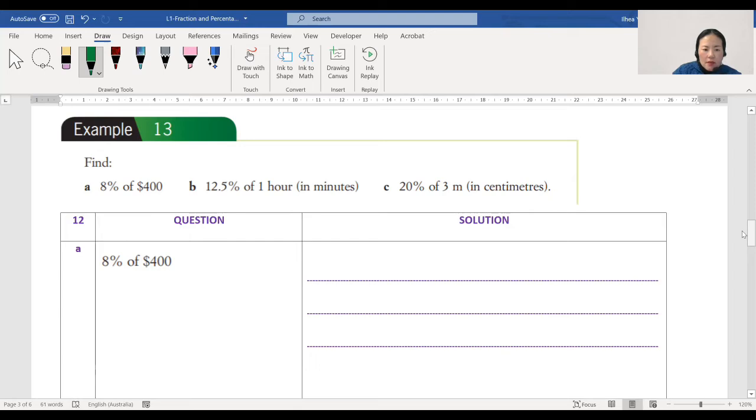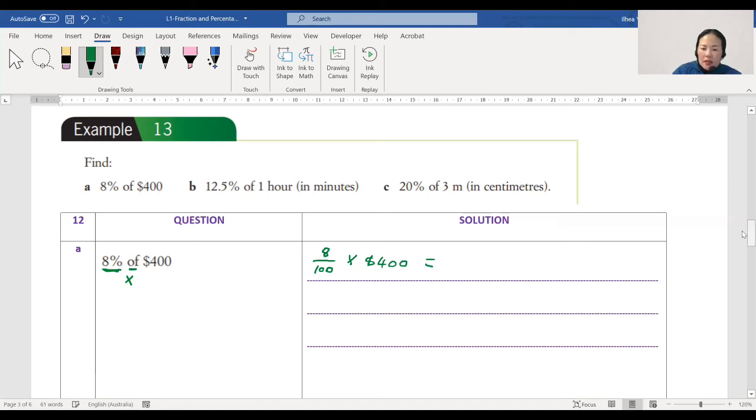So remember, of means times. Now we've got this 8% here, and I don't want to use 8% because we don't want the percentage in our answer. So we need to get rid of it. How am I going to get rid of it? It's 8 over 100 or 8 divided by 100. And then of means times 400.